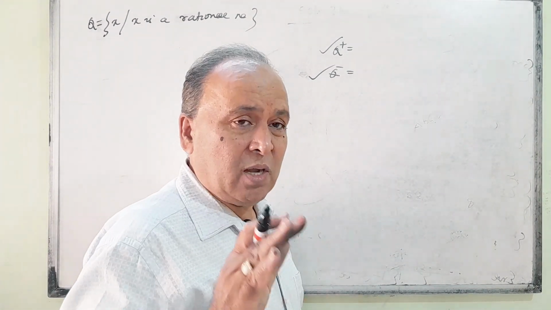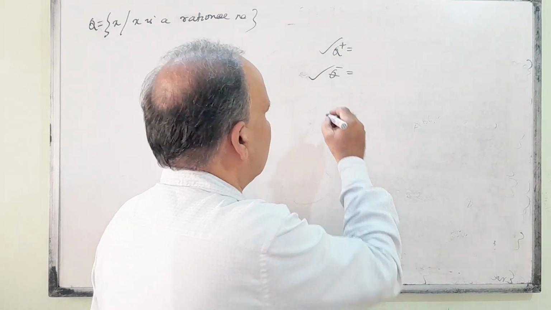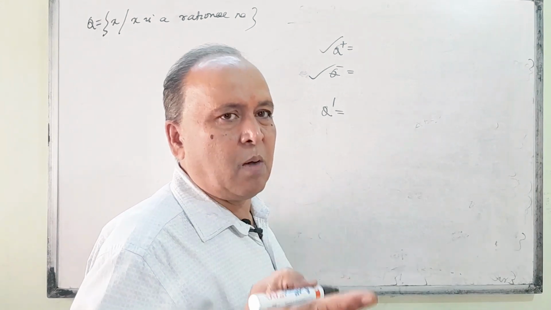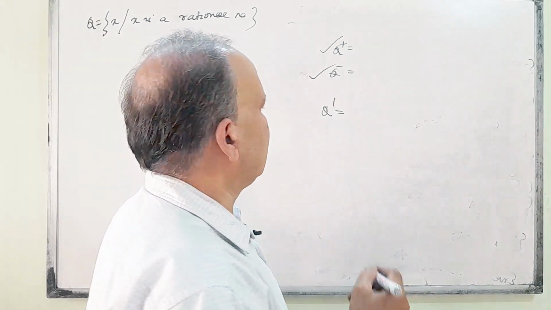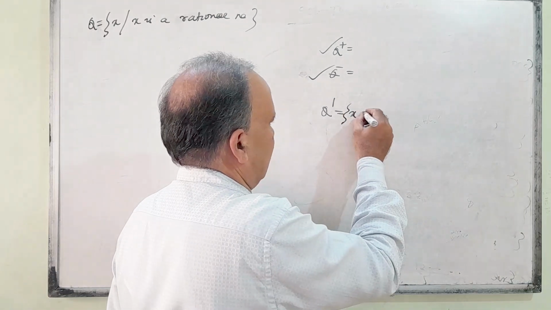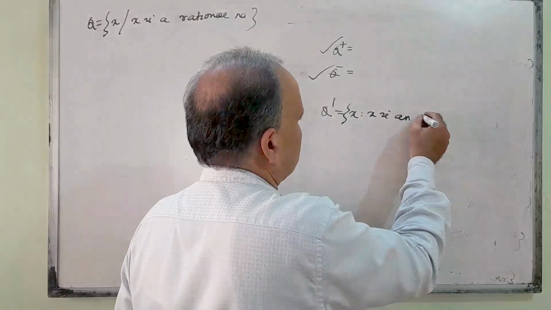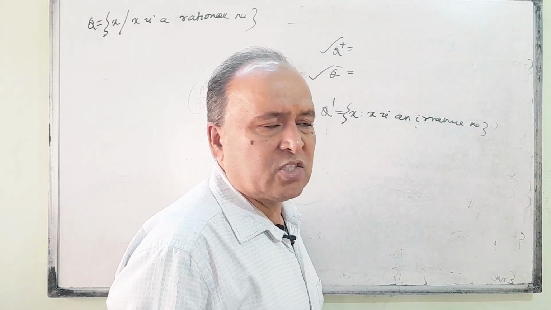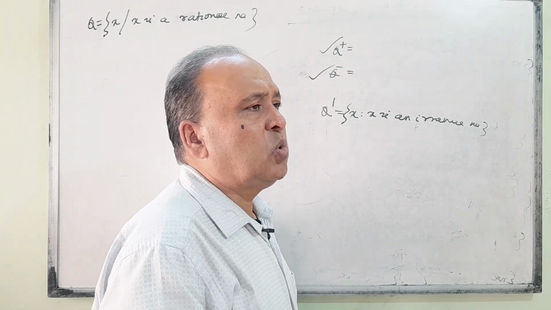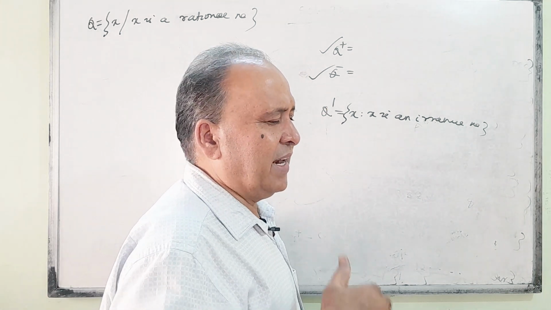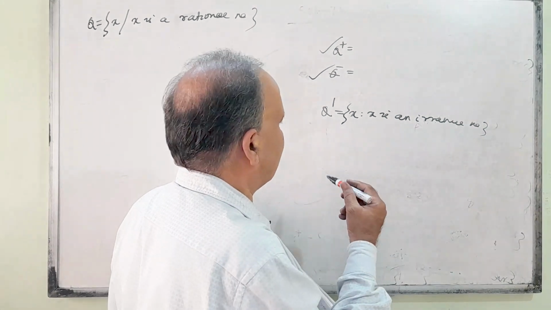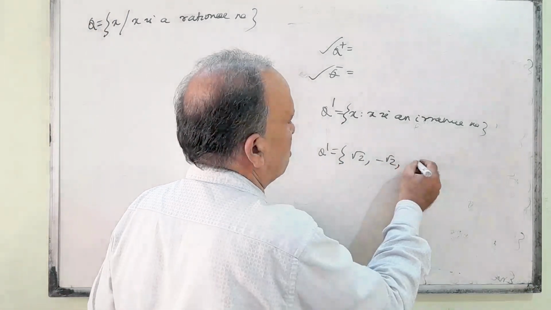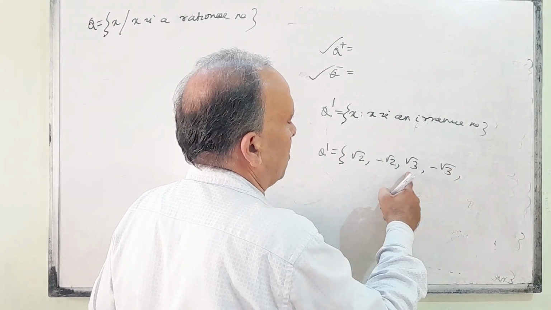Those numbers which are not rational are called irrational numbers. That means the numbers which cannot be expressed in the form of p by q are irrational numbers. X such that x is an irrational number. It includes all surds, that means the roots whose radicals cannot be determined. Suppose Q dash is like this: root 2, minus root 2, root 3, minus root 3, but not root 4.